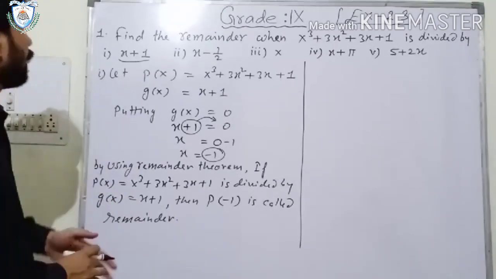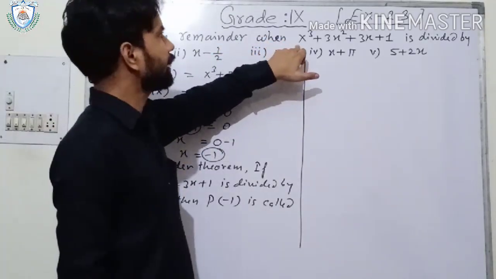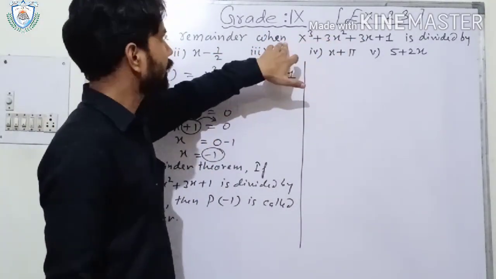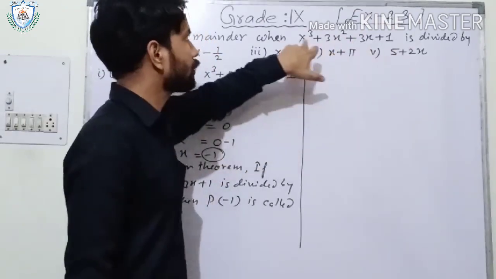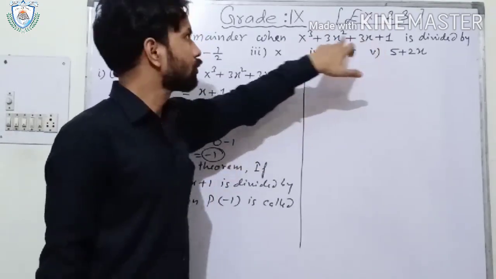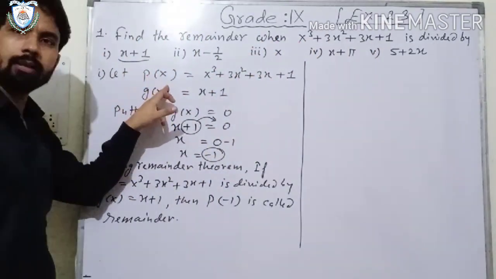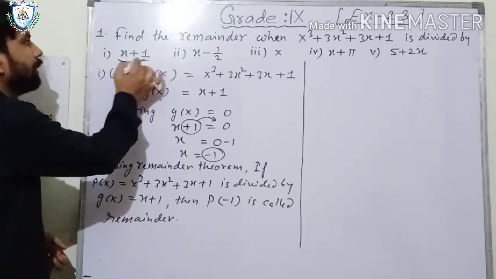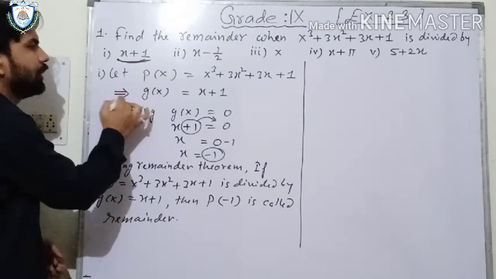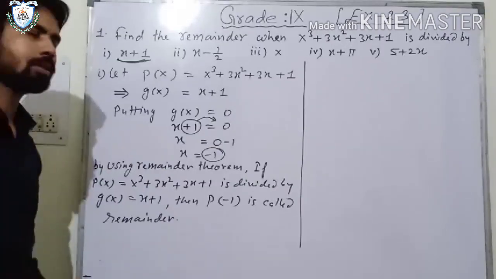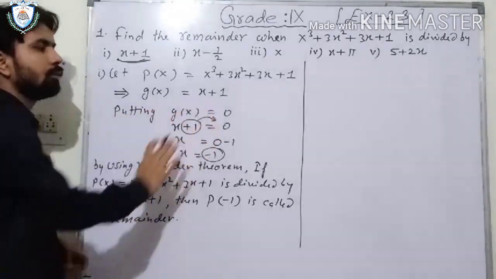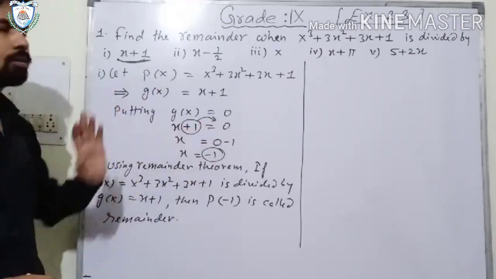Again I am explaining. First of all, what is divided by? When this is divided by, this is known as the dividend, so the dividend is considered as p of x, and this is the divisor. The divisor is considered as g of x. Now the very first step, we put g of x equals 0. So x plus 1 equals 0.